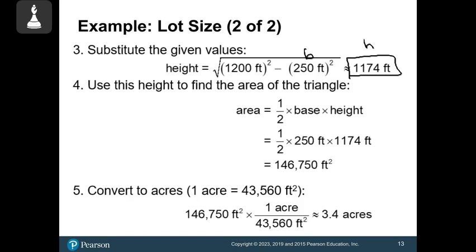And what you need to do in order to do that is know that 1 acre is every 43,560 square feet. So if I have 146,750 feet, all I have to do is divide by this value here, 146,750 divided by 43,560. That is about 3.4 acres.